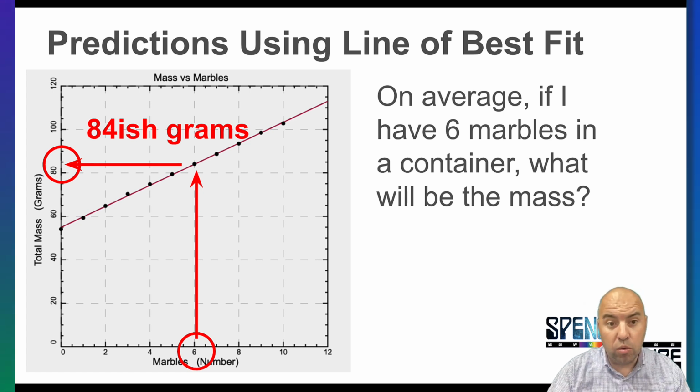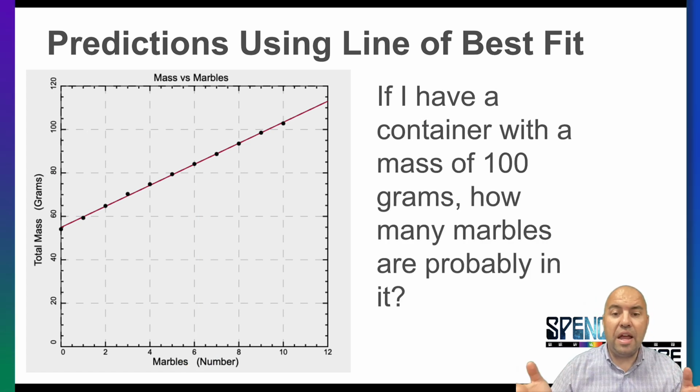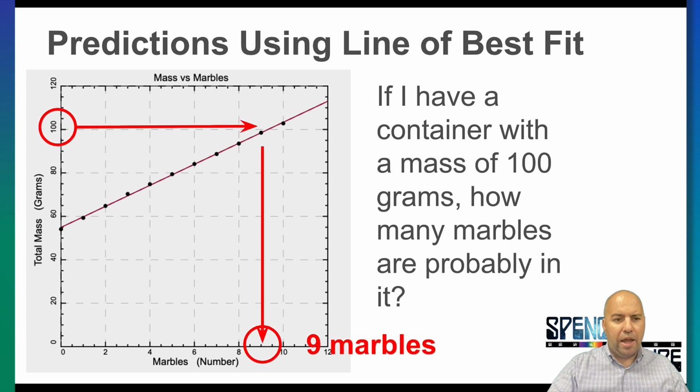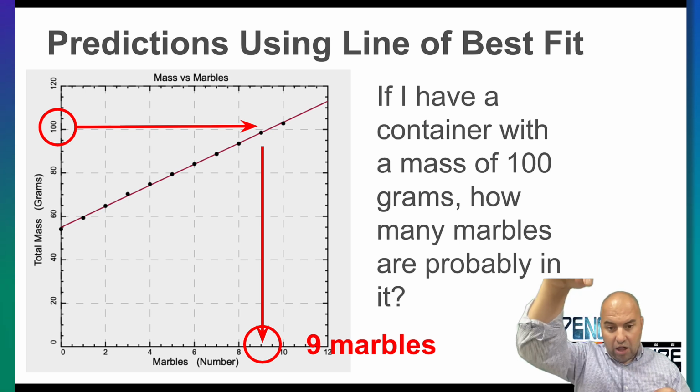Now we can also go the other way. Let's say I have a container with a mass of 100 grams. How many marbles are probably in it? Well, once again, because these are XY coordinates, they match up, and I can go over on the left, find the spot where it says 100 grams, follow that over until we get to the line, and then follow it down.